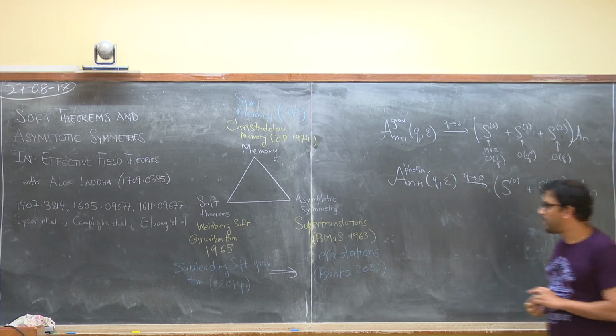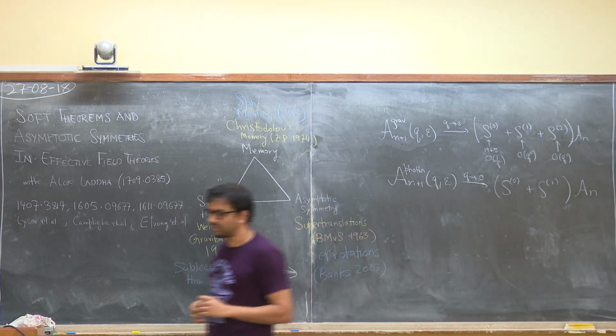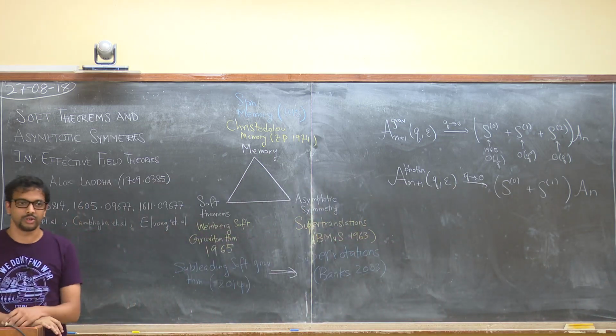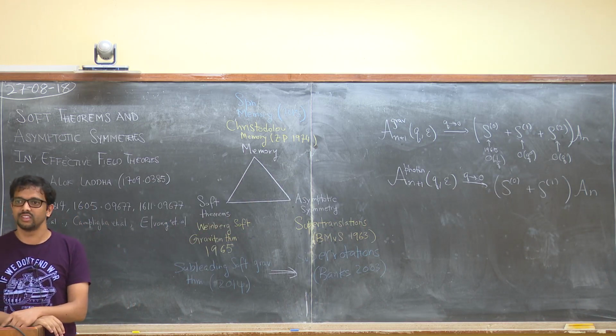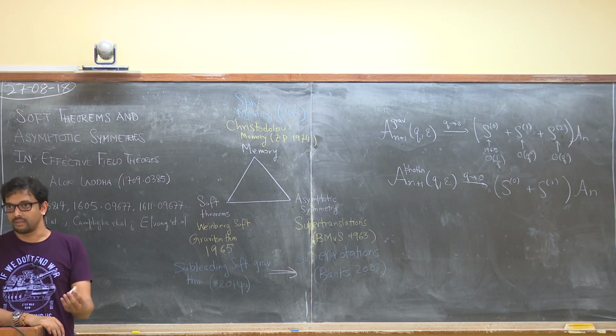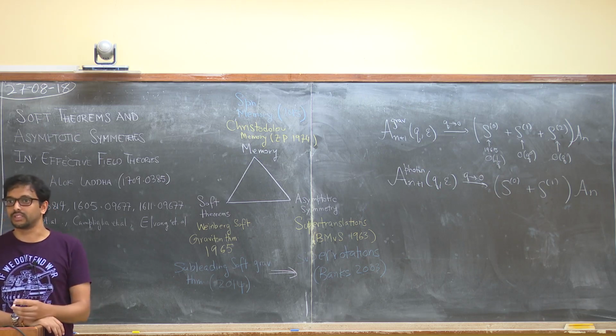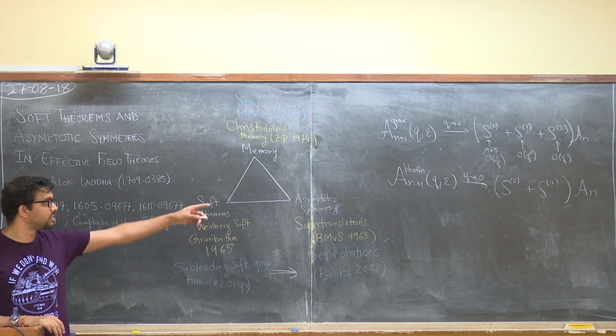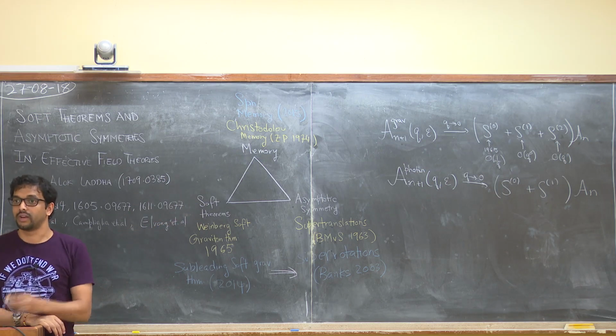Now this was sort of problematic from this asymptotic symmetry side, because a gauge transformation on the other hand has a sort of universal action on all of your fields. And so in principle at least it looks like the charges should remain the same, and therefore the Ward identity should remain the same. So how do we explain the fact that S1 is not universal from an asymptotic symmetry's point of view?